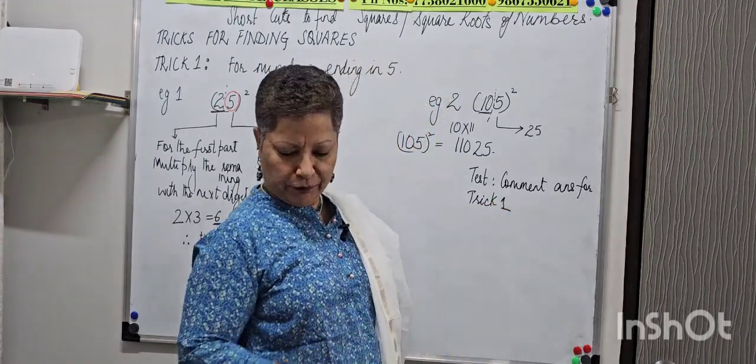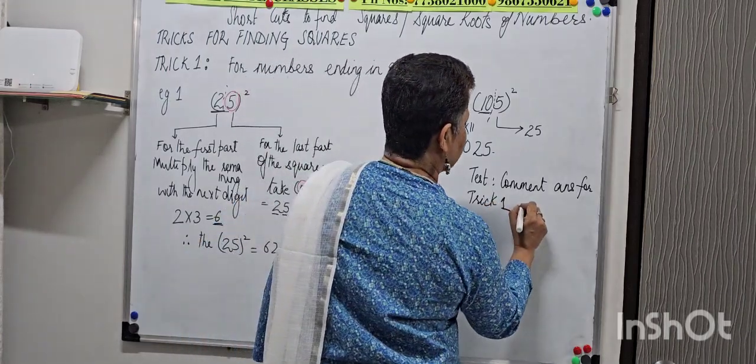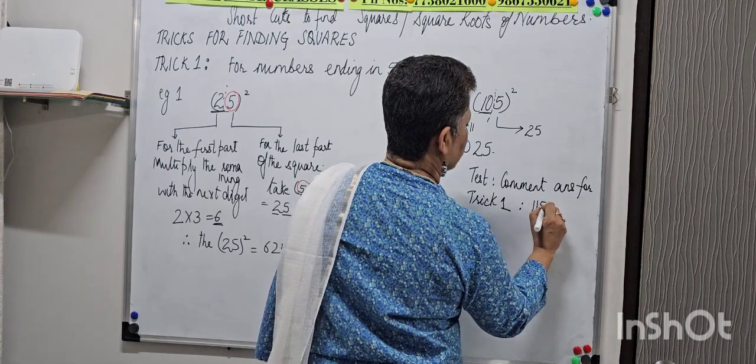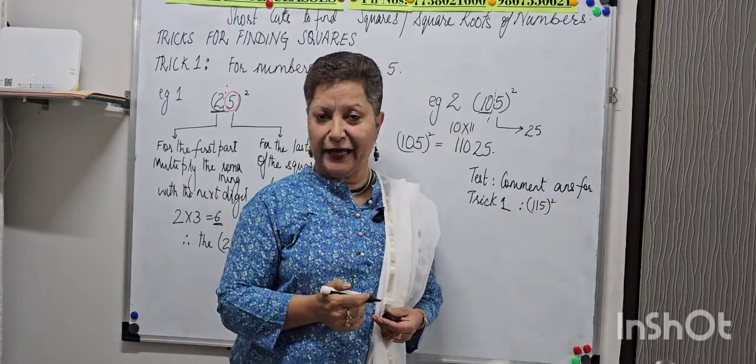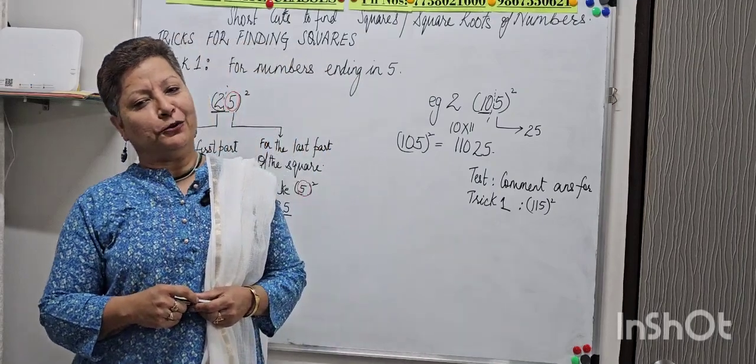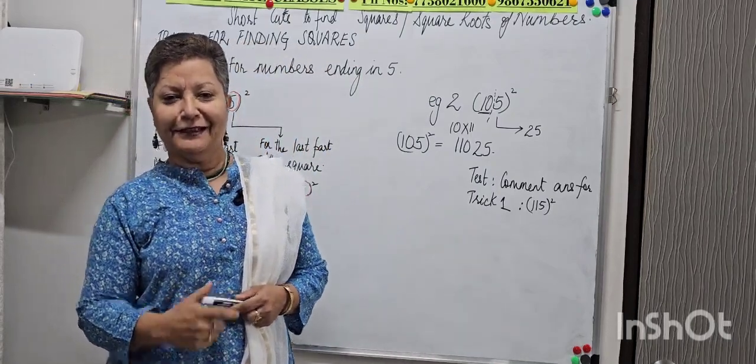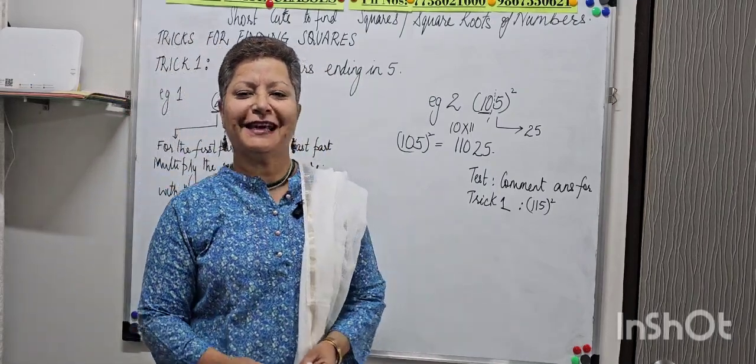You have to find the square of 115. I think it should be easy. Even in that much time, since they've written the question, you should already have got the answer, right? So with this, we move on to the second trick.